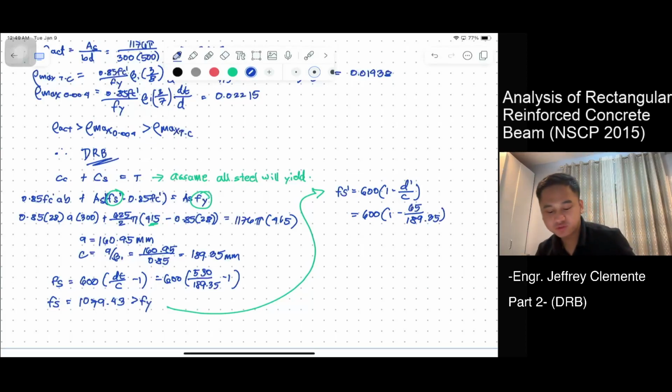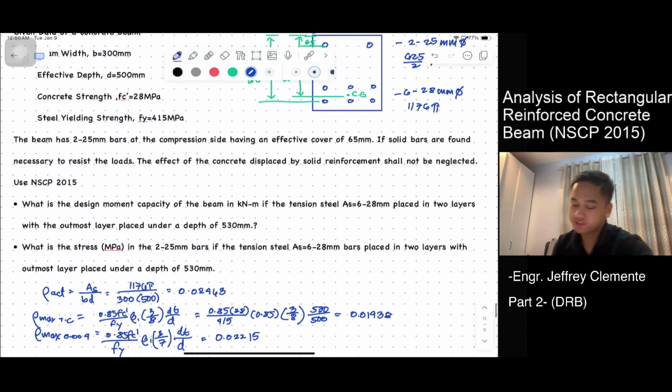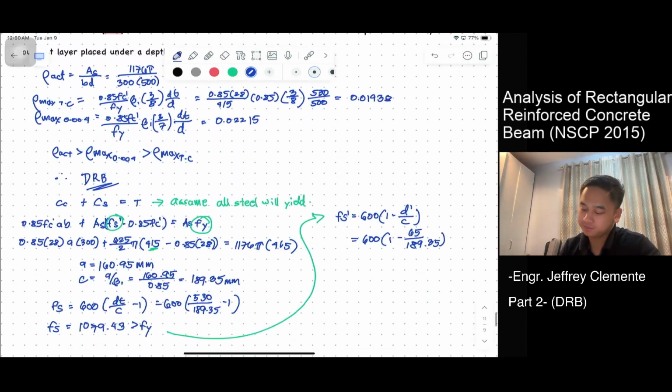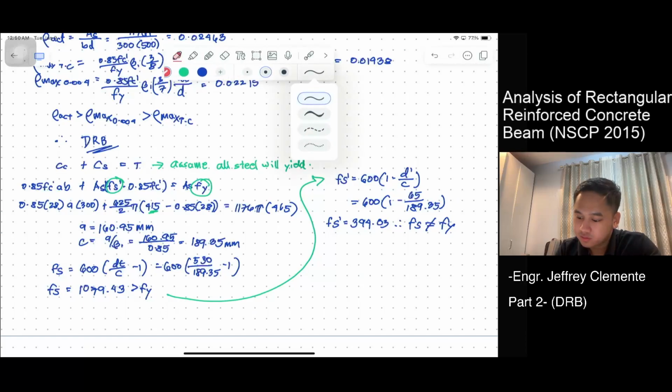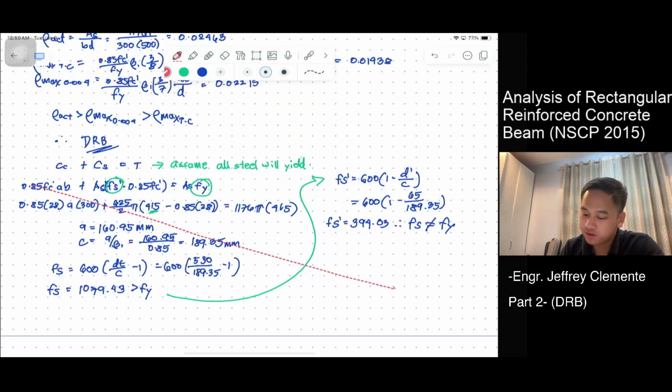Correct me if I'm wrong, 65 nga ba? Effective cover is 65. So, D prime is 65. Ang Fs prime natin would be 394.03. Therefore, Fs prime is not equal to Fy. Sabihin, mali to. Mali assumption natin na ginamit dito eh. Hindi natin pwedeng gamitin yun. Mali yung A natin na to.